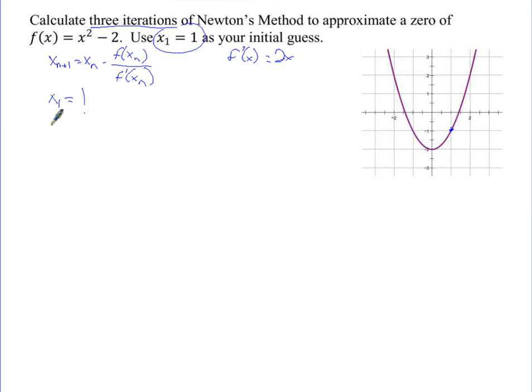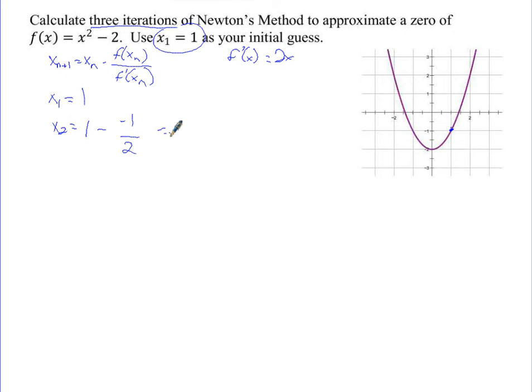Okay, so then x sub 2 equals x sub n, which is 1, minus f at x sub n. So I take 1 and I plug it in. 1 squared is 1, minus 2 is negative 1, divided by f prime at x sub n. So I take 1 and I plug it in over here. 2 times 1 is 2. So this gives me 1 minus negative 1/2.